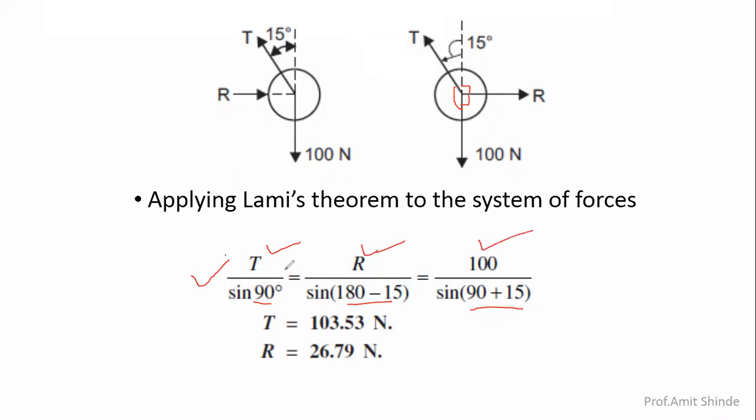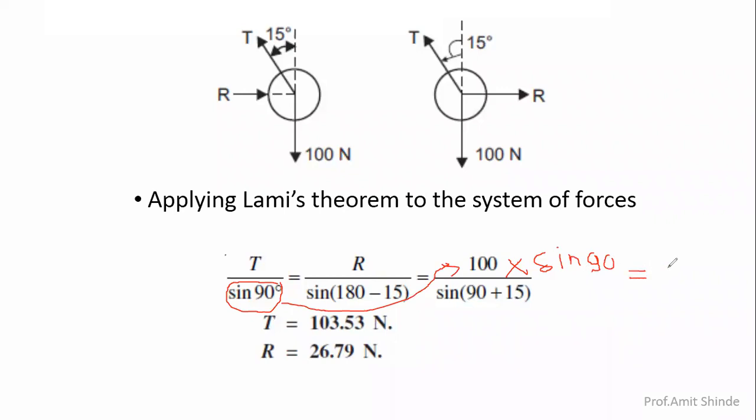If we take this sine 90 to this side, it will be multiplied with this term. So T remains as it is, and this sine 90 is taken to the other side and multiplied with this whole term.